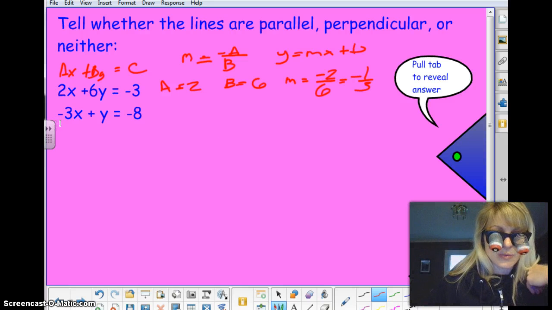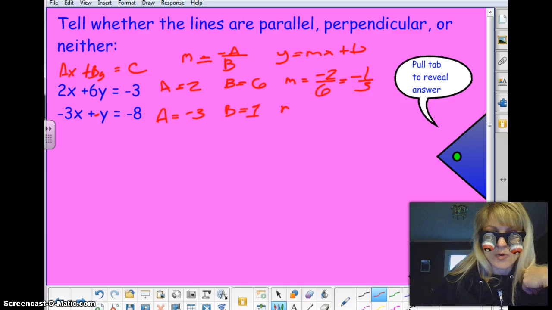Now looking at this one, my A is negative 3 and my B is 1. So the slope is negative A over B, negative negative 3 over 1, which is 3 over 1, or 3.